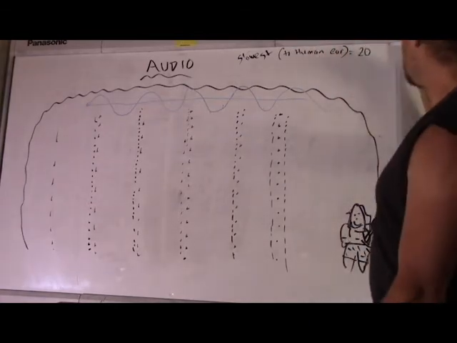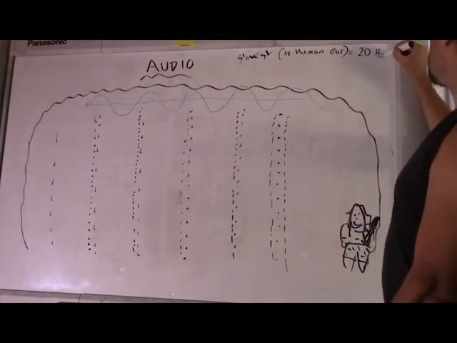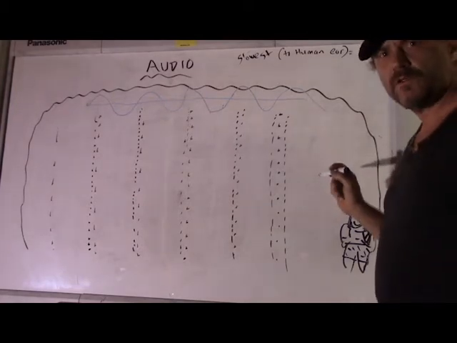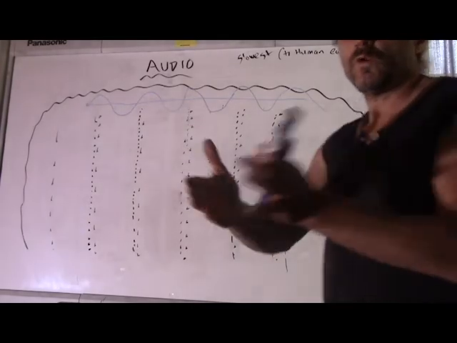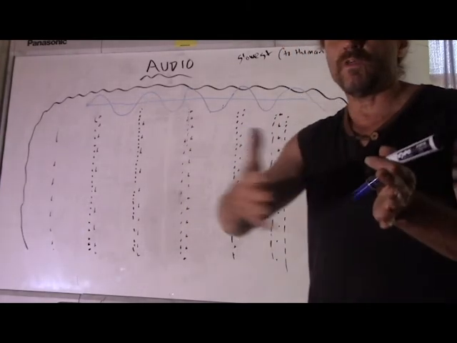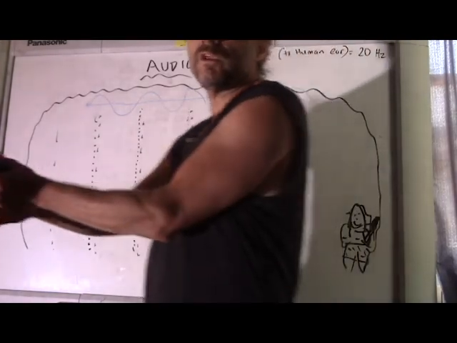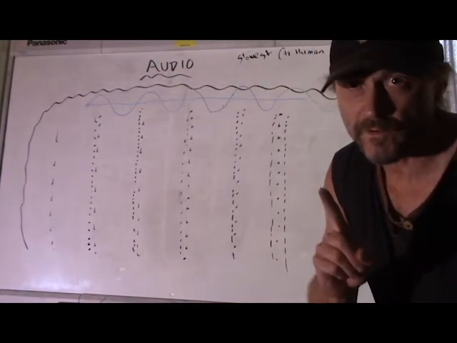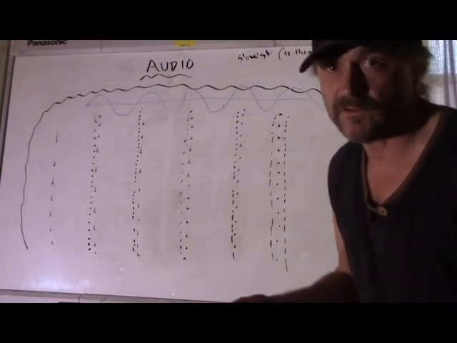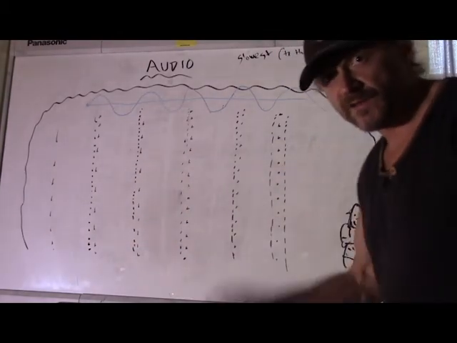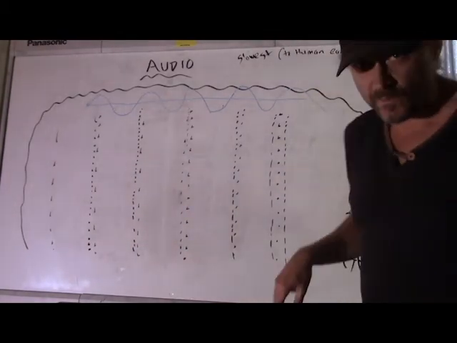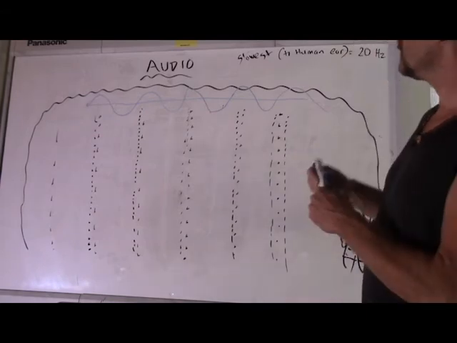And when we say 20 times per second, we call that 20 hertz. 1 time per second, if the air was going squish, squish, 1001, 1002, 1003, 1004, that would be 1 hertz. We wouldn't be able to hear that because it's not squishing, unsquishing through the air fast enough for us to hear. It's got to be doing that 20 times a second for us to hear the lowest sounds.